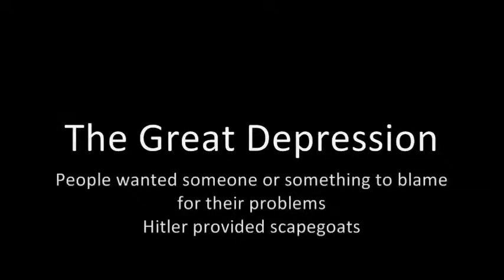The Depression itself led people to look for someone or something to blame. Hitler offered targets for their anger, and the dramatic growth of the Nazi Party in the Reichstag following the Wall Street crash, which went from 12 seats in 1928 to 230 in July 1932, shows how the dire economic situation provided a catalyst for the rise of the Nazis.